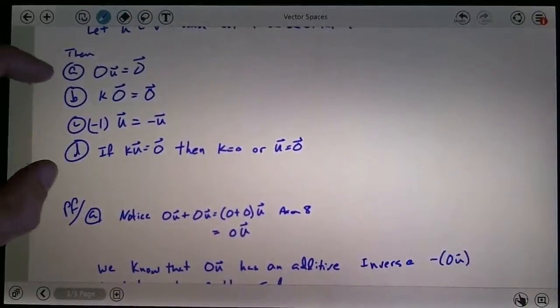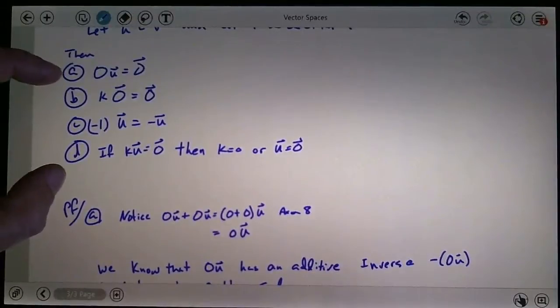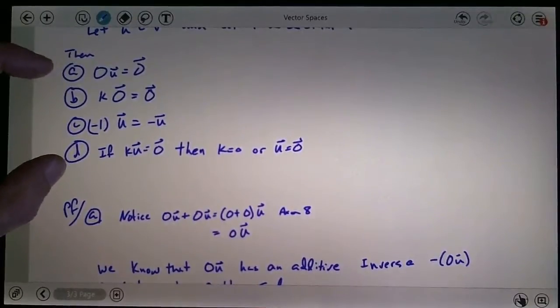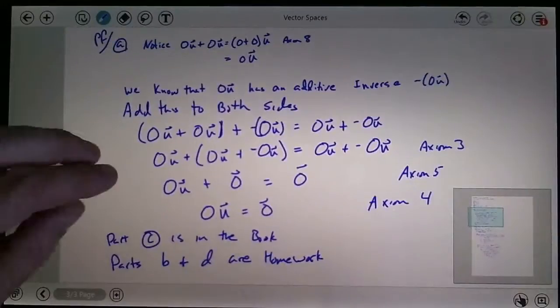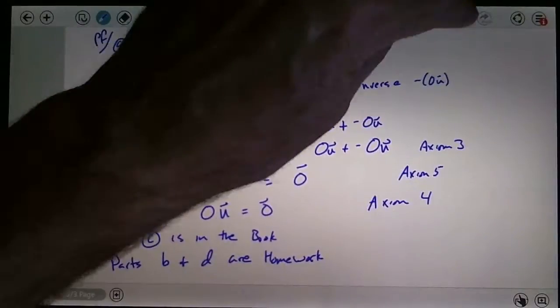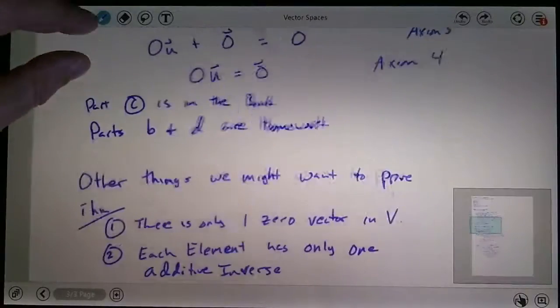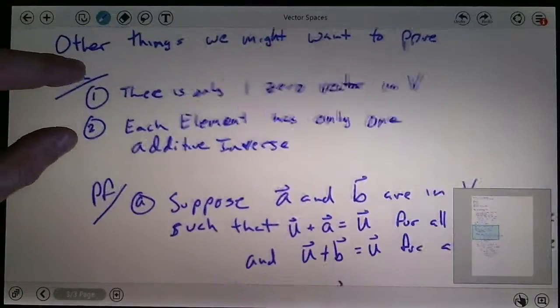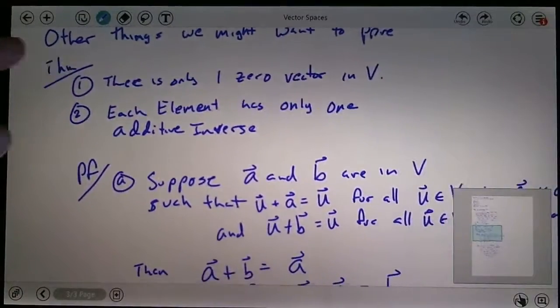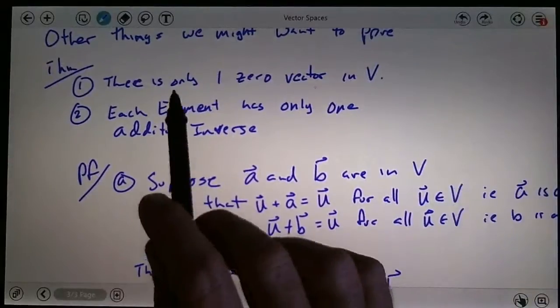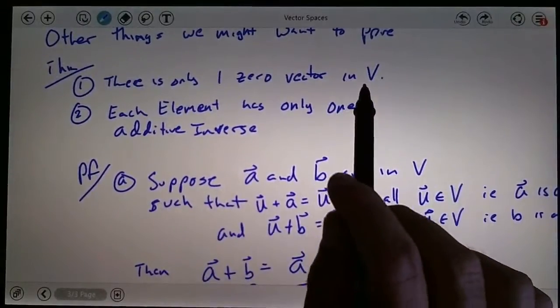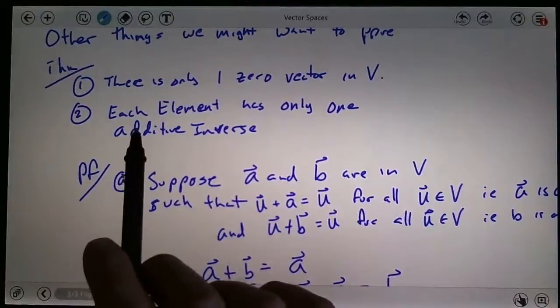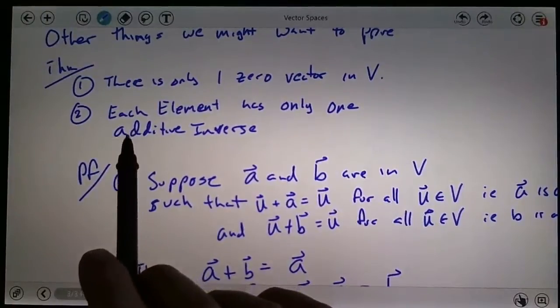I didn't have to list these as axioms, I just have to prove them. If I've got the other 10 and those 4, then I've also got this theorem here, it turns out. So here's my theorem. I'm going to claim that there's only one 0 vector in V, and each element has only one additive inverse.